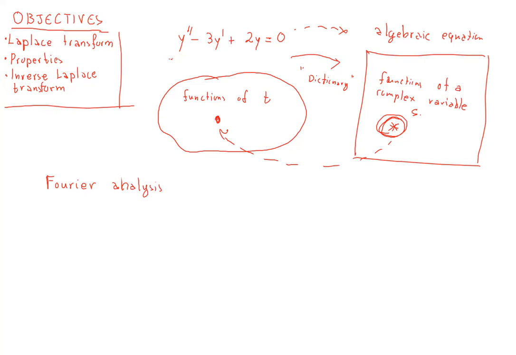Pretty much the idea behind Fourier analysis is you start with a function and you would like to represent it. That's why I put this tilde here. I don't want to put an equality sign yet. As an infinite series consisting of sines and cosines.